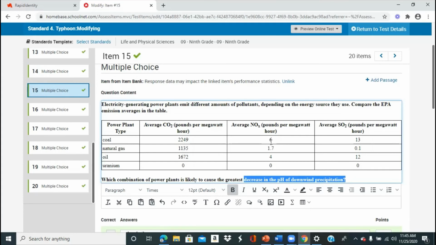acidic rain. So among all this data, coal has 6 and oil has 4. So these are the gas that is released whenever they process the coal and the oil. On the other hand, we got here 13 sulfur dioxide for coal and 12 sulfur dioxide for oil.